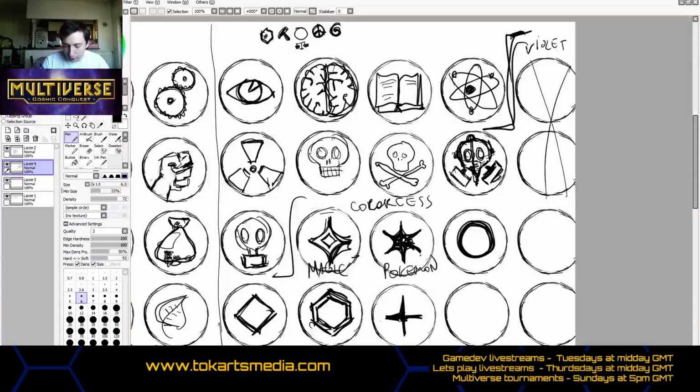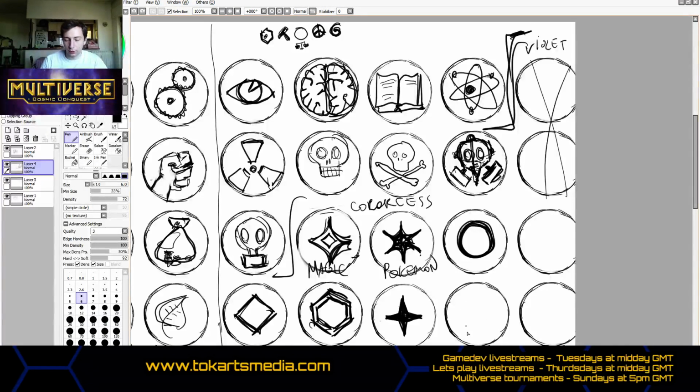Because this kind of looks like a star. It looks like a plus. I don't know. I feel like this is generic enough. I don't know what else it could be. A square or a triangle is just stupid. Pentagon won't work.